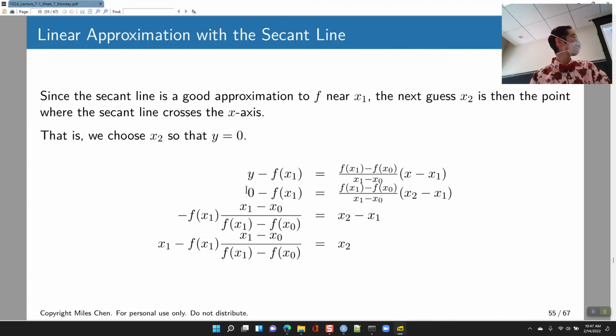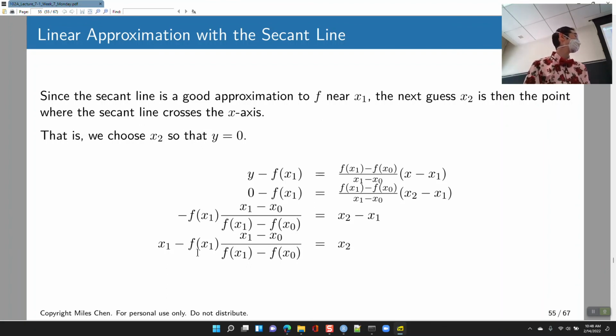X2 is basically where it's going to cross the x-axis, where y is equal to 0. And then we solve for this. Solving for x2, if you follow all the steps of the algebra, you get x1 minus f of x1 times basically the change in x divided by the change in y. So it's like 1 over the slope times f of x1.